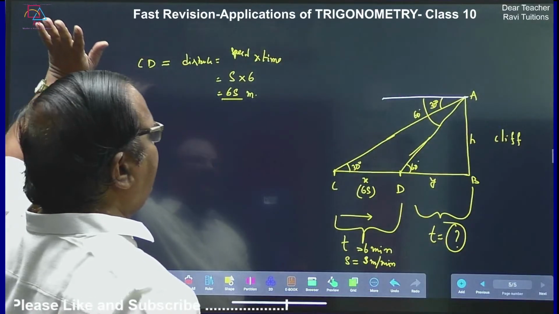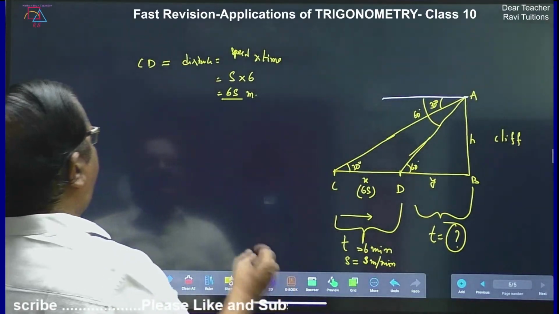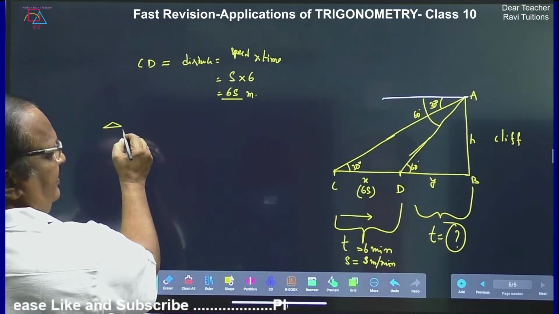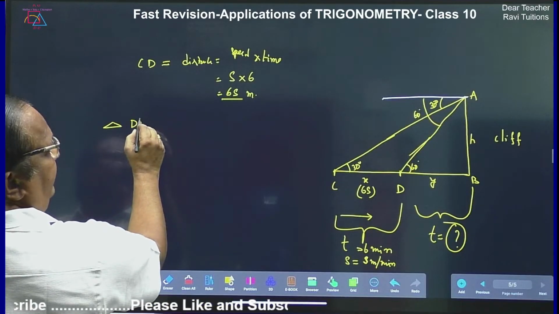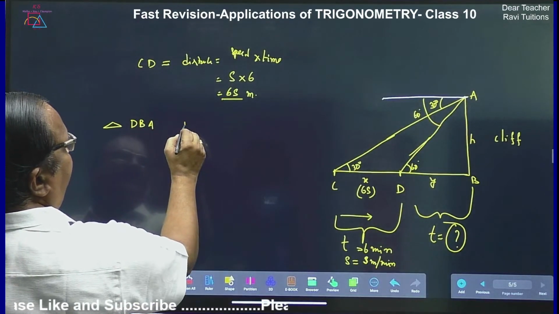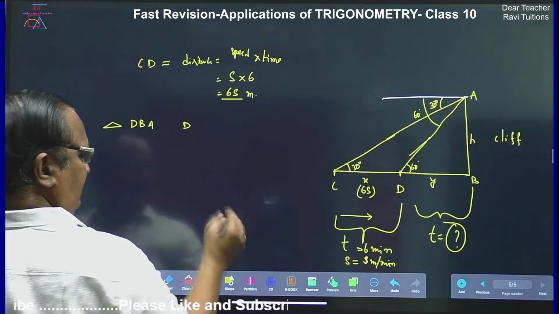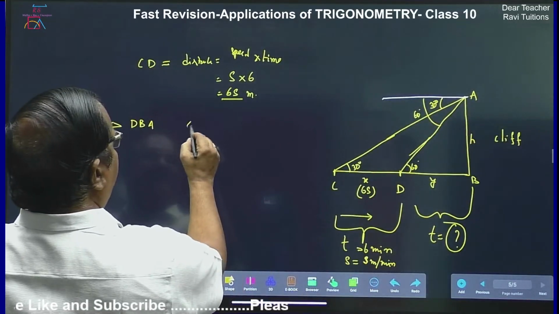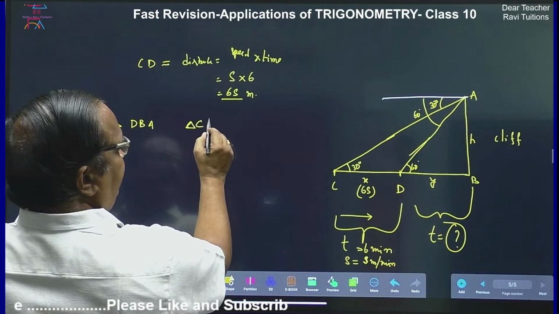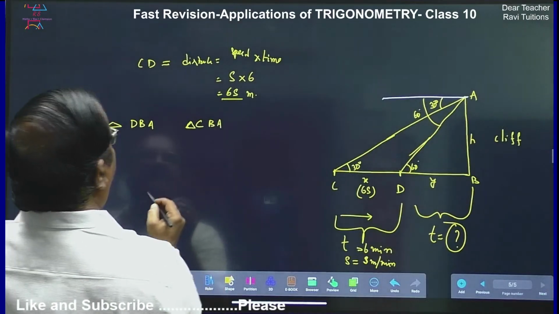Let us start our journey. Take two right angle triangles, one is DBA, the other one is CBA.